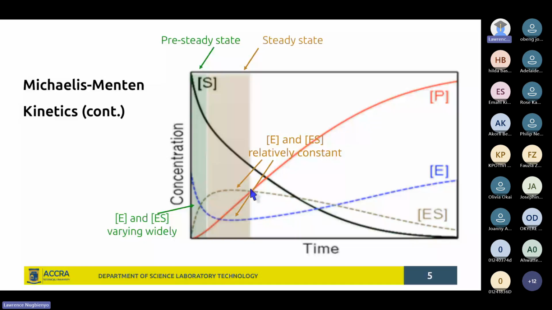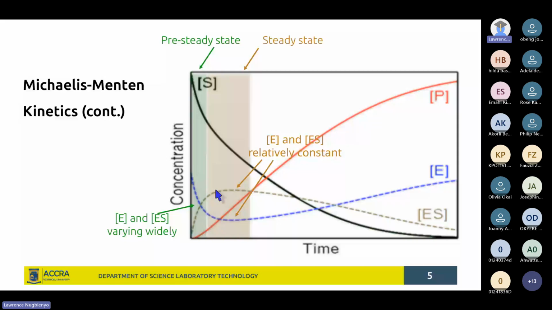It means that at this stage, where it is shaded brown, you have all the enzyme molecules being bound to substrate molecules. So all the enzyme molecules are engaged. It's a stage of the enzymes being concentrated with the substrate.